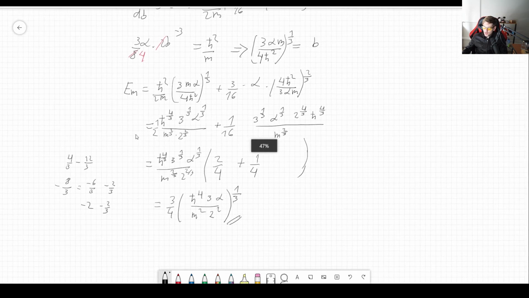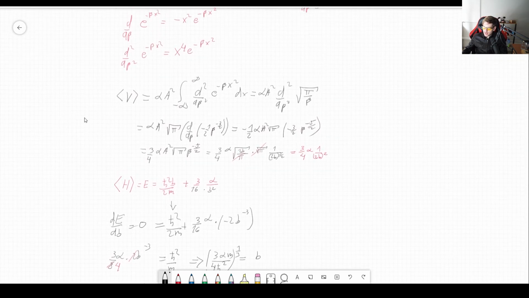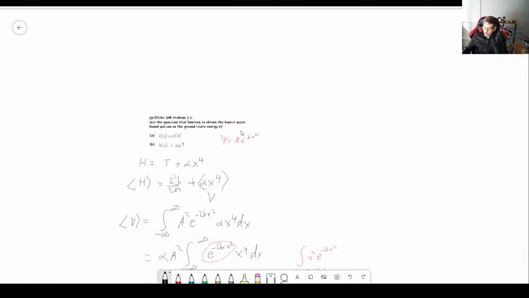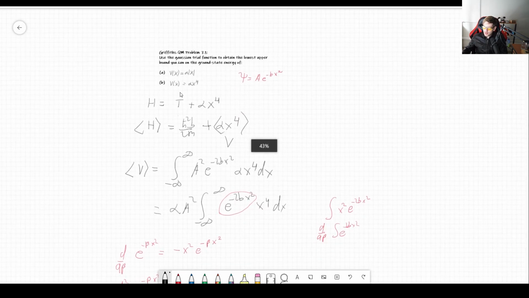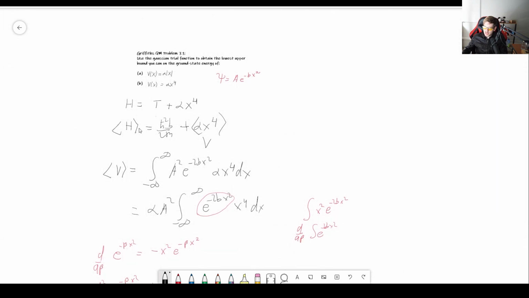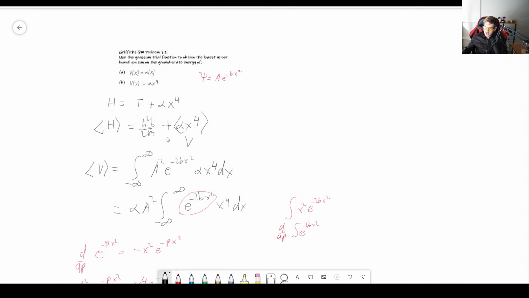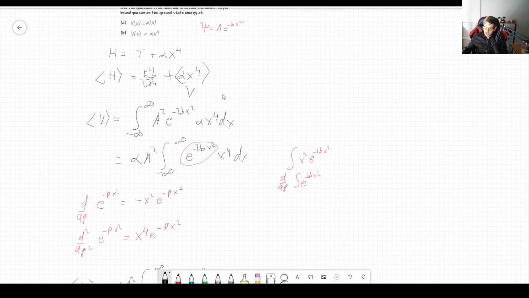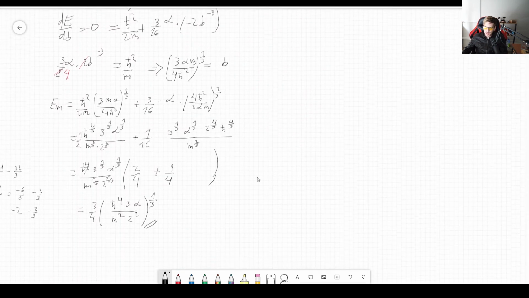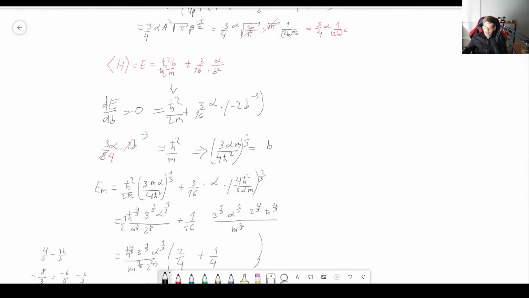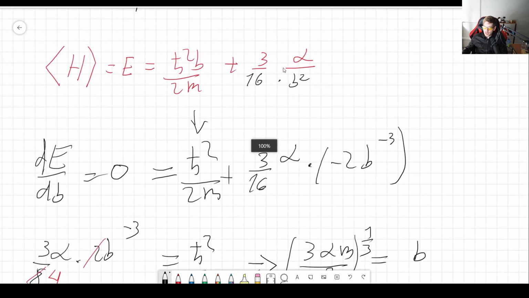So as you can see, all we did in both of these problems is that we begin, of course, we have to normalize the wave function, but then we just take the expectation value of our Hamiltonian, which will mean expectation value of the kinetic part plus expectation value for the potential, and it's simply doing these kind of annoying integrals, then plugging it in into our value for the energy.